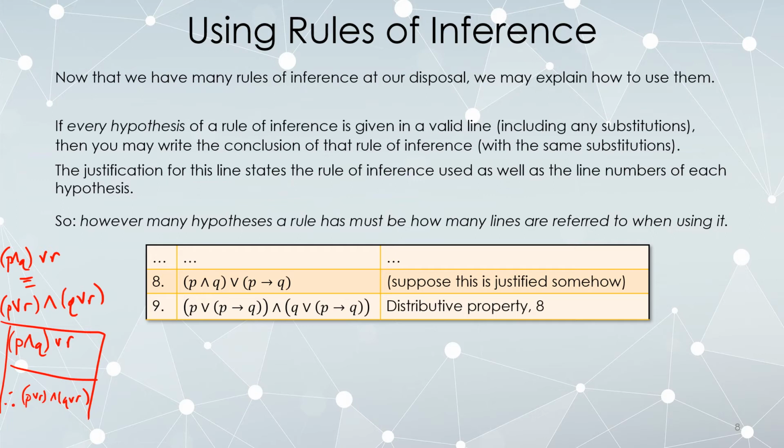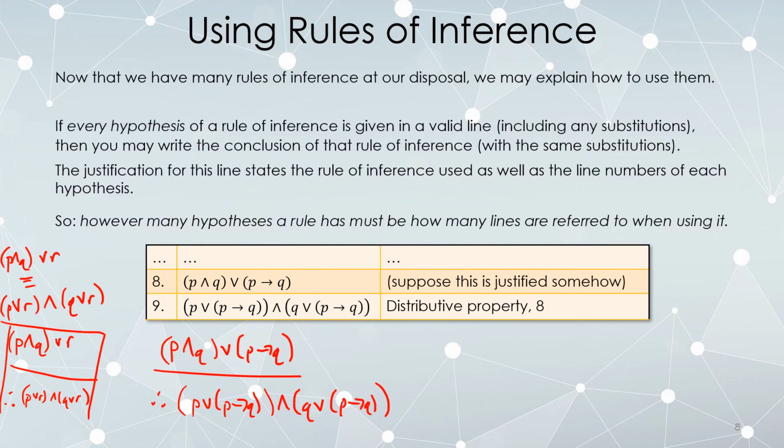Now I don't quite have this hypothesis, P and (Q or R), but I do have P and Q or something. So if I use this with the substitution, replacing all R's with P implies Q, we would get the following. P and (Q or (P implies Q)). Remember, I'm replacing all of my R's with this. Therefore, P or, well, not R because I'm replacing it, P implies Q, and Q or, not R, but P implies Q. And that is exactly what is written here in line 9.